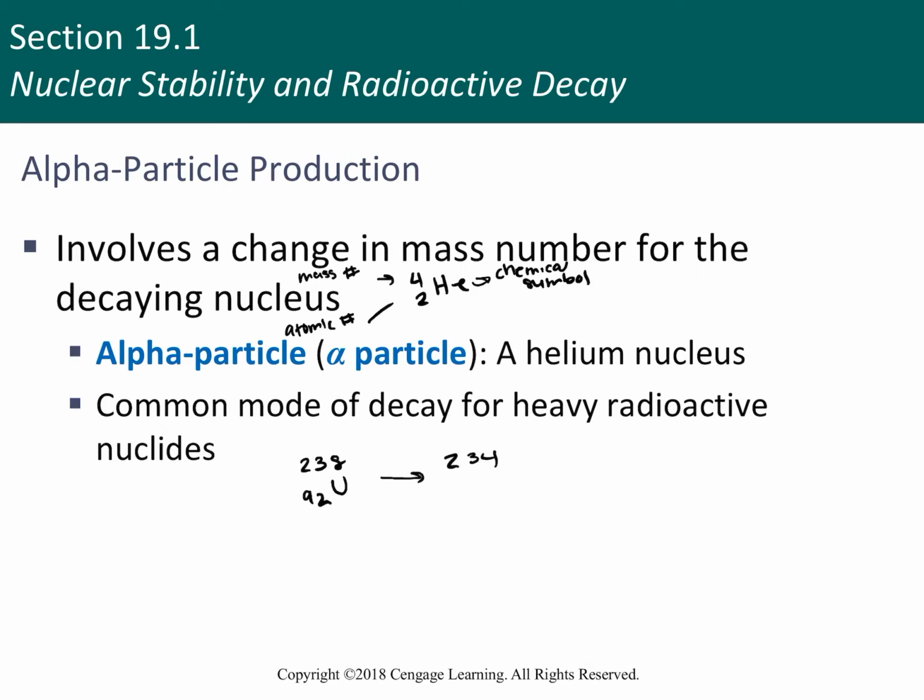So 238 minus 4 is 234. And 92 minus 2 is 90, which is thorium. To balance, we write our alpha particle. This is our alpha decay equation. The uranium is the parent nuclide, and the thorium is the daughter nuclide, what was made.